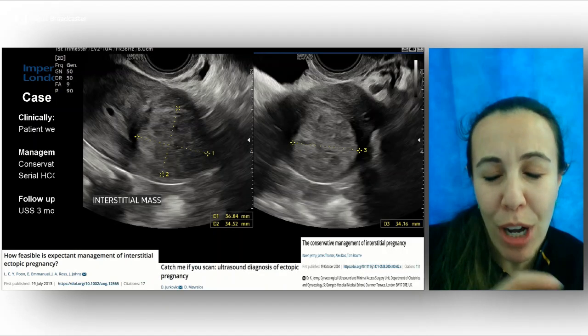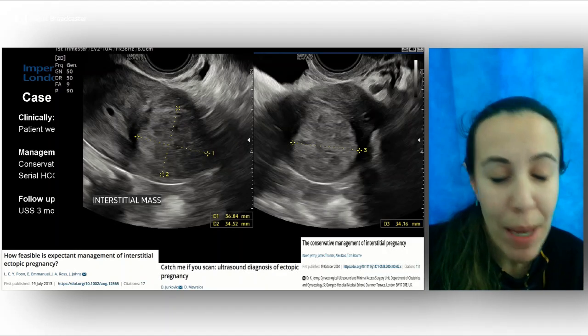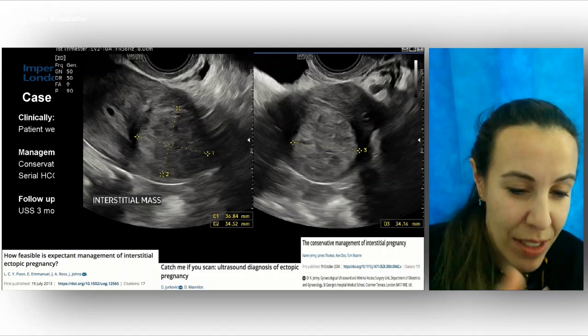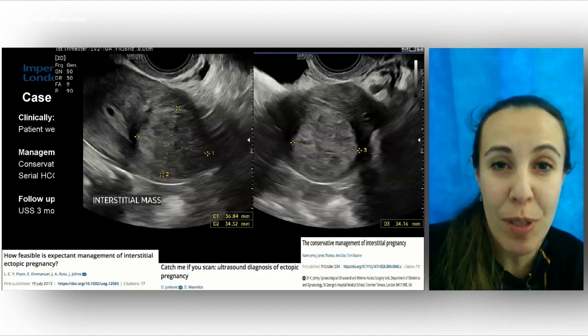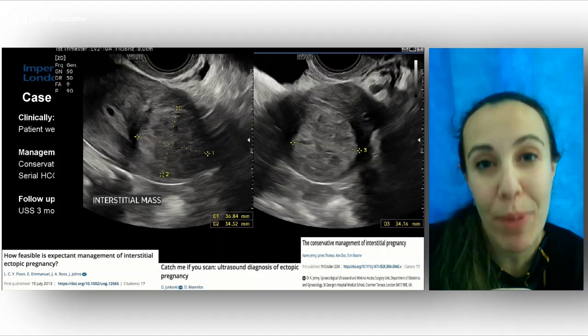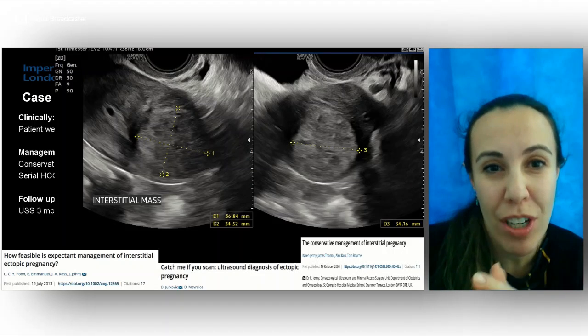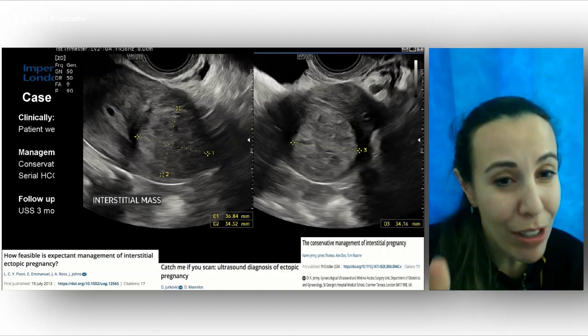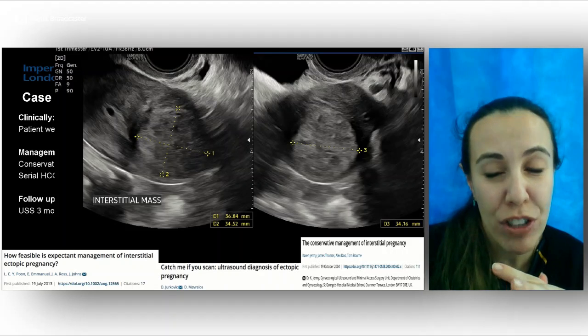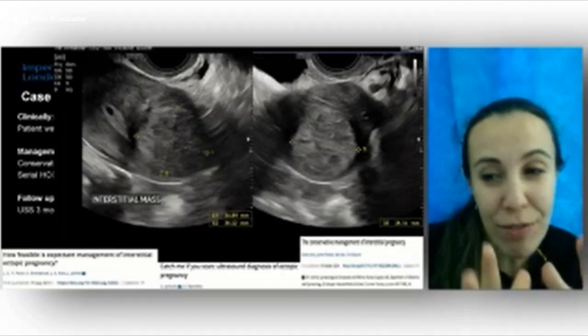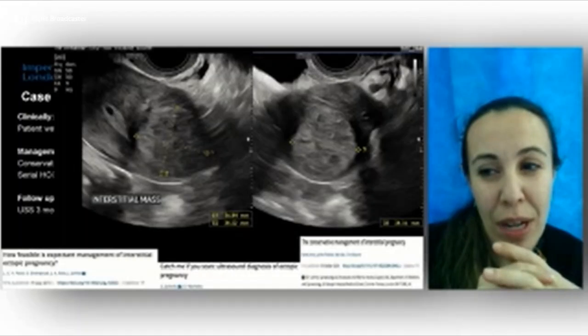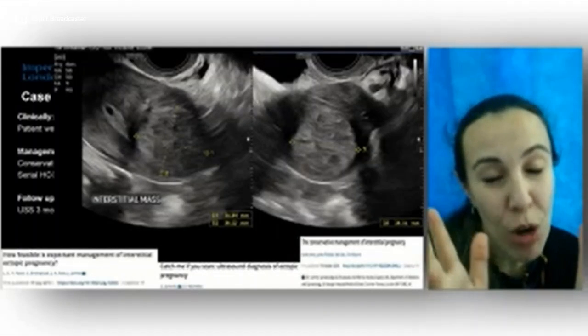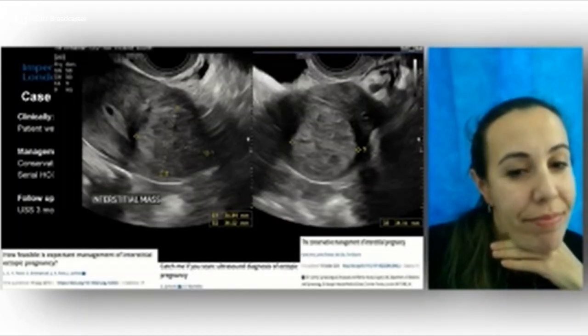And there are a number of papers published looking at several cases of interstitial pregnancy treatment by surgery and follow-up in subsequent pregnancies that have demonstrated these risks. So it's very challenging to manage, and we just have to be aware that surgery maybe has its future complications.